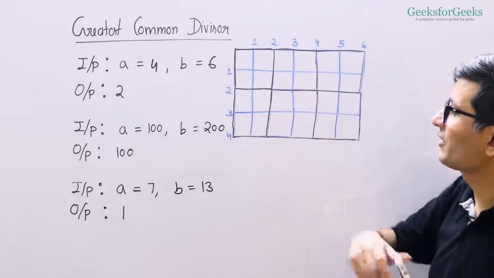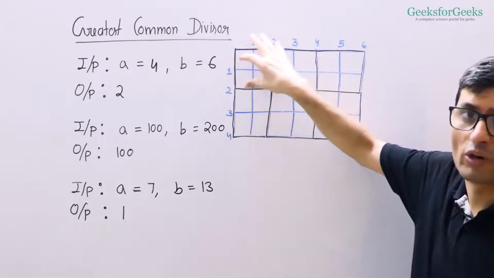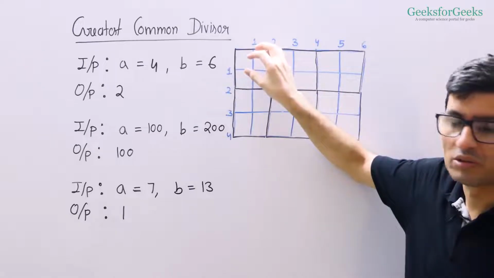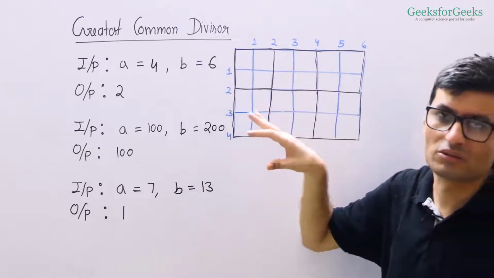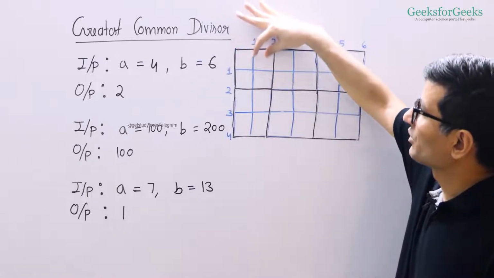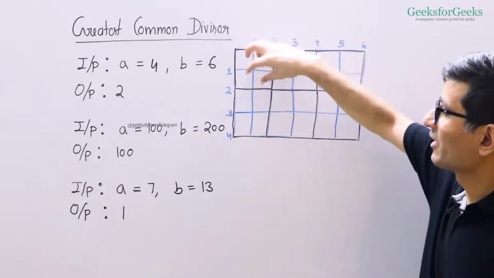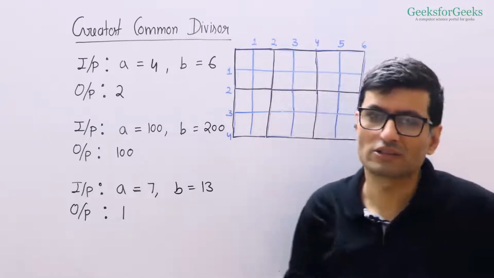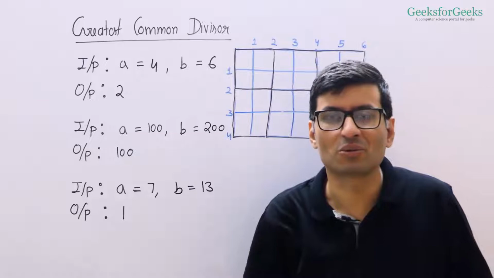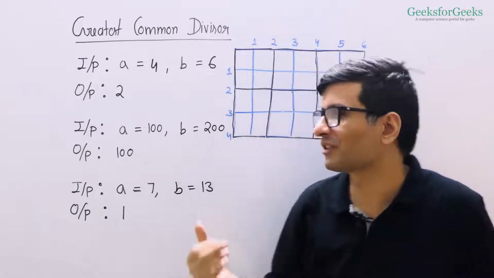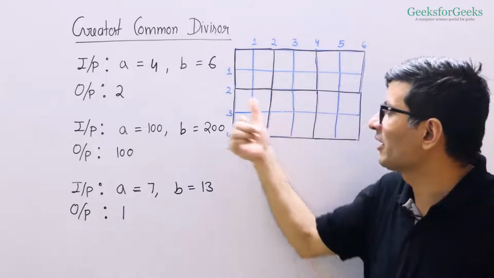The largest square tile that can fill the whole rectangle is of size 2 cross 2, right? So that's why our output is 2. Please note that we can fill the rectangle using 1 cross 1 tiles also, right? But there is a larger tile, 2 cross 2, which can fill the whole rectangle. But there is no tile larger than 2 cross 2 which can fill the whole rectangle. So that's why our output is 2. So there is a good relation between this puzzle and GCD.